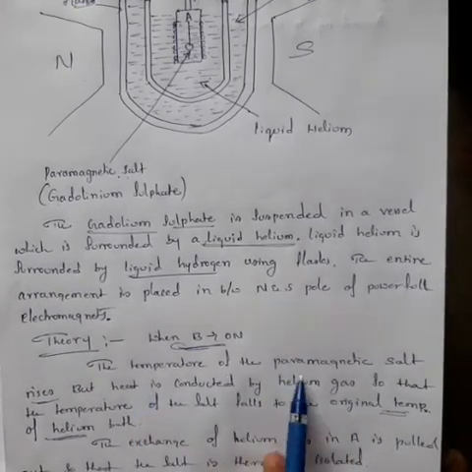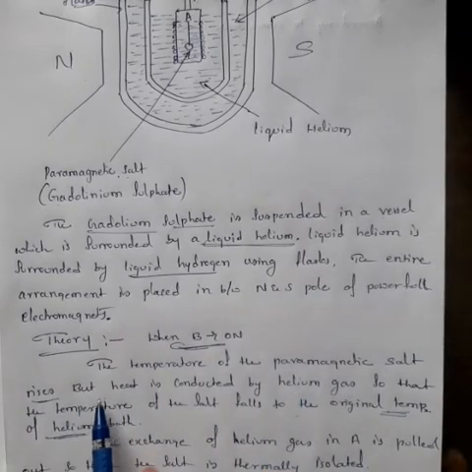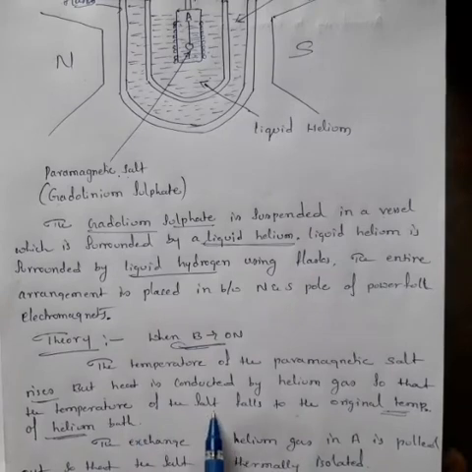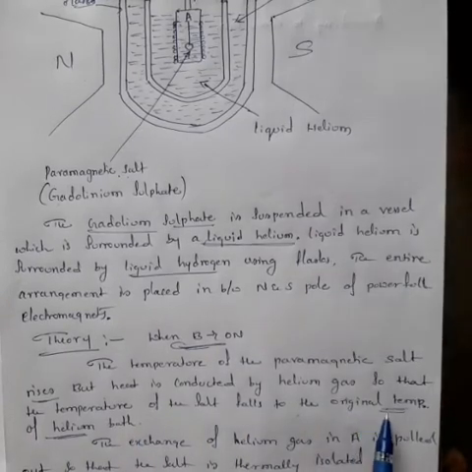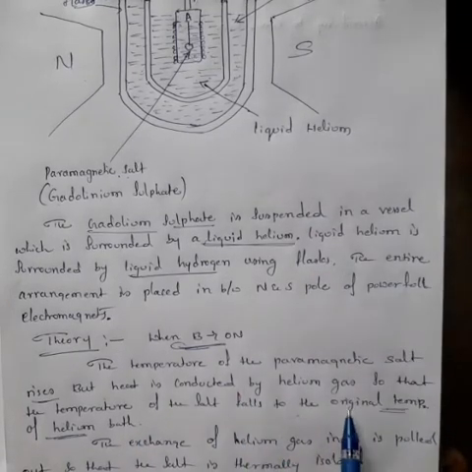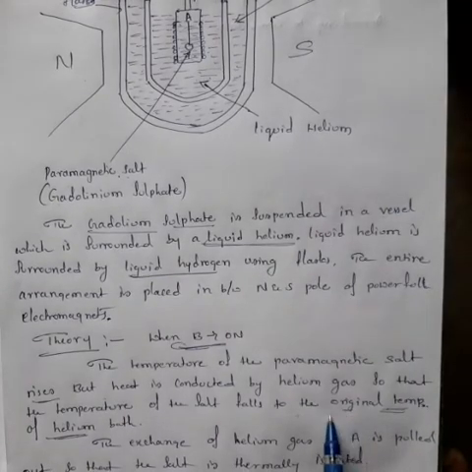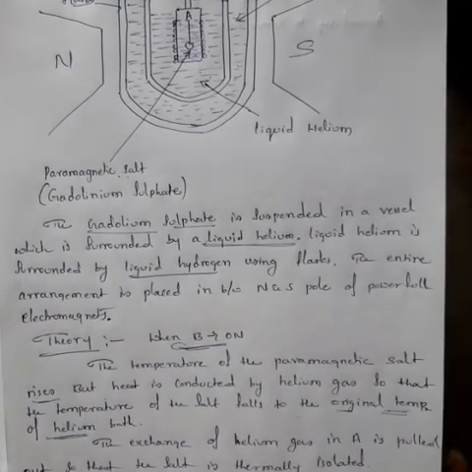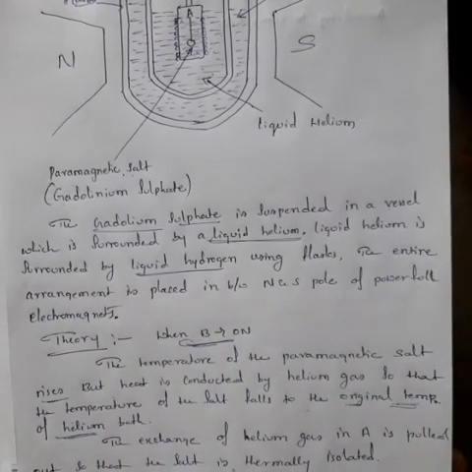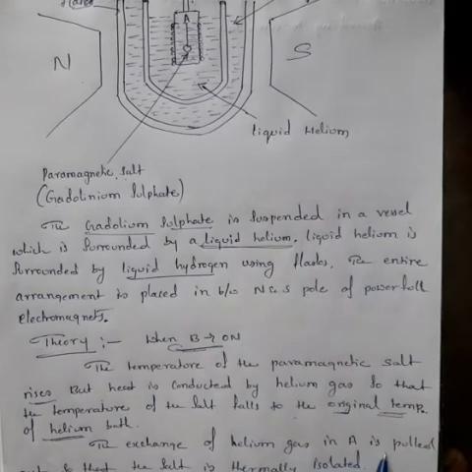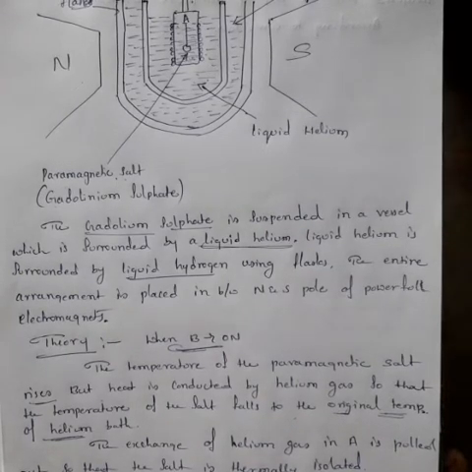The temperature of the paramagnetic salt rises, but the heat is conducted by the helium gas, so that the temperature of the salt falls to the original, initial temperature. Now we have to produce a temperature lower than this original temperature. Here the exchange helium gas in A is pumped out, so that the salt is thermally isolated.